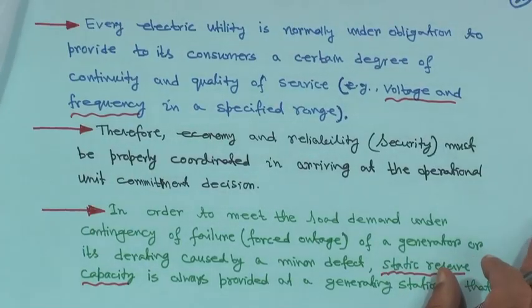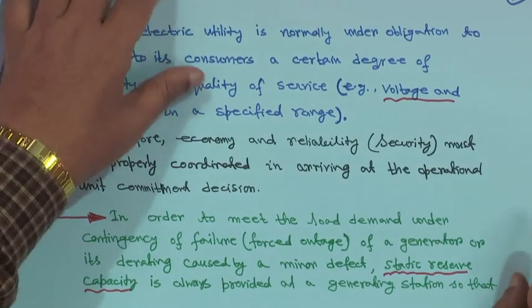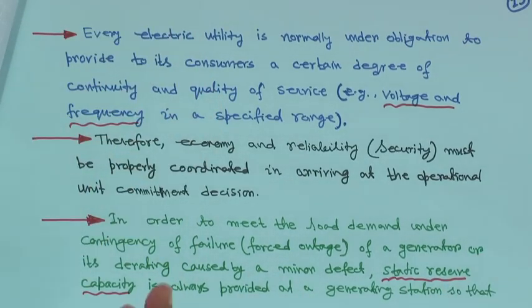In a power system, just to give a simple logic, if you install a large generating unit, say a 500 megawatt unit, if it's a single unit, the cost will be cheaper, but reliability will be less. Suppose there is an outage of the 500 megawatt unit, there will be a shortage of 500 megawatt power.